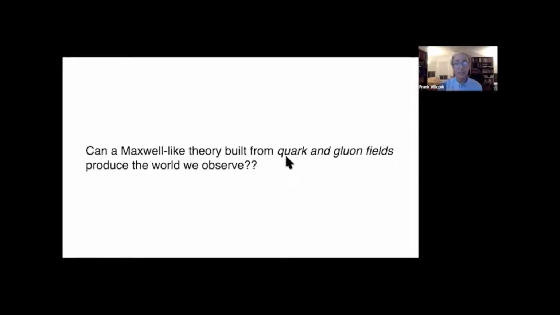Maxwell's theory, extended to a theory of electrons, describes atoms and atomic physics and chemistry, and does that by building up from electrons and photons. But you do see the electrons and photons, so it's not so mysterious. You build up from building blocks that you can separate and study individually.